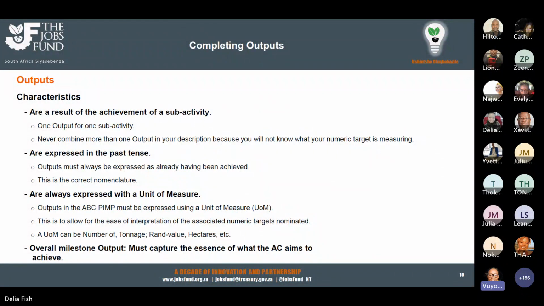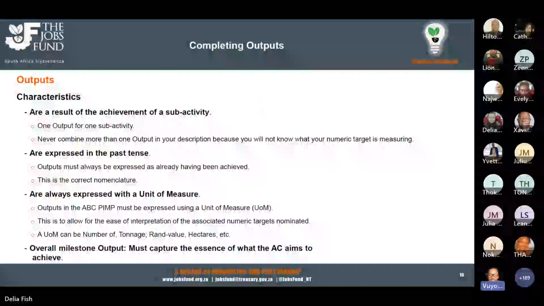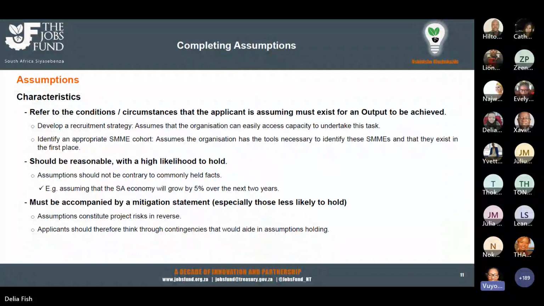At the end of all of the activity categories is an overall milestone output. This milestone output is critical in terms of being set out in a way that captures the essence of what that activity category is all about. So if the activity category in essence is about saying, in this milestone step, we are looking to recruit SMMEs in the main, right?